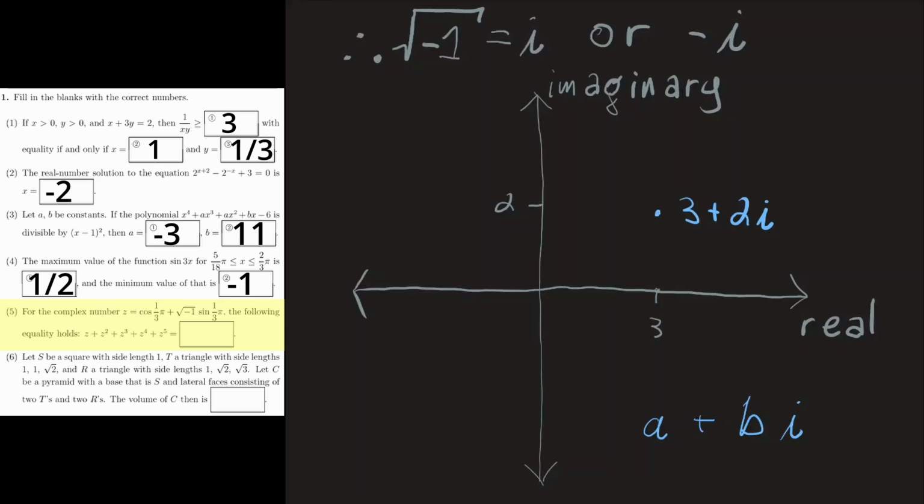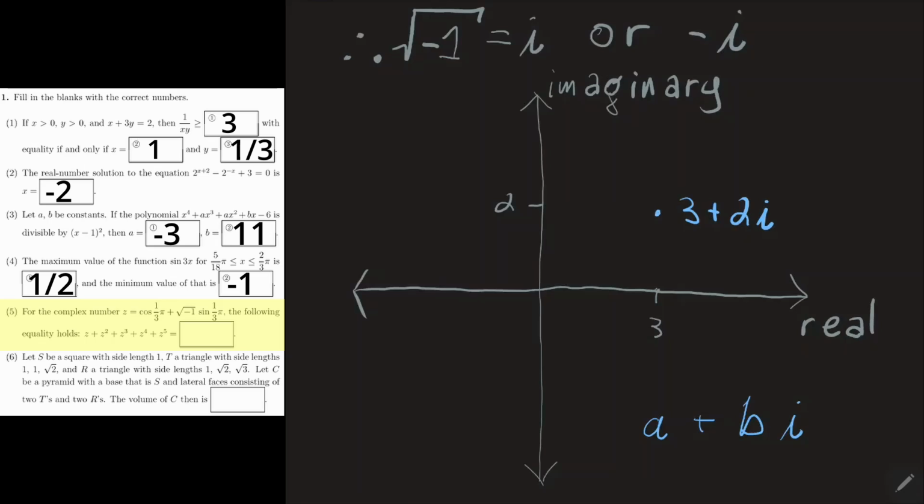And so you plot your number on this grid based on what the real and imaginary parts are. For example, if your complex number is 3 plus 2i, like this one, then the real part is 3, and the imaginary part is 2i. So you plot it here with 3 units from the origin in the real axis and 2 units from the origin in the imaginary axis.